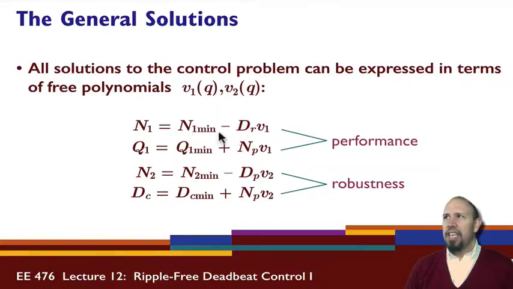So if v1 is anything not 0, this will have a degree greater than the degree of this. Similarly, we get those same conditions here and here.